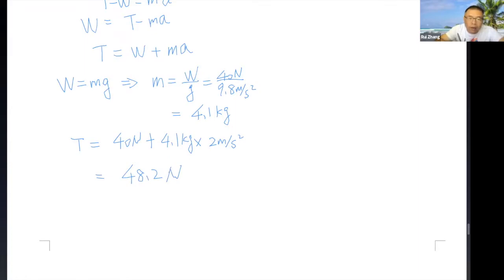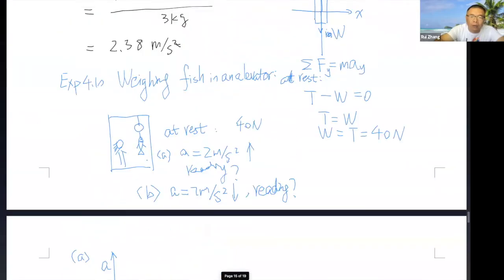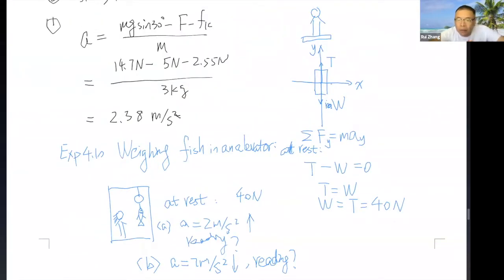So as you see here, when the elevator is accelerating upward, the tension is bigger than the actual weight. The reason for that, if you try to understand it, going back to here, is that the total force needs to provide an acceleration. So the force going up has to be larger than the force going down, because the tension does not only need to compensate for the weight, but also needs to provide the acceleration going up.